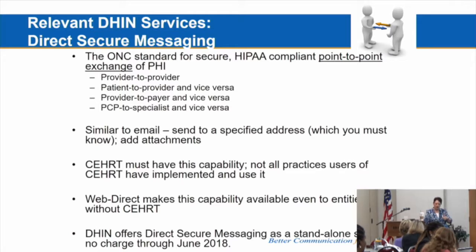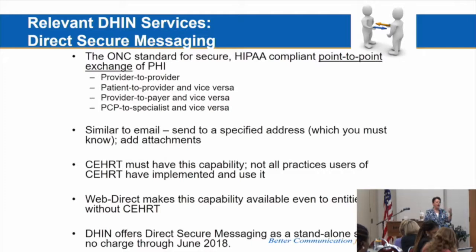So the nursing homes, the behavioral health organizations, maybe communication with the payers, right? Think about all of the places where you have to exchange health information and the ways you do that now, and think about if those entities had a direct address, would it simplify the work associated with that exchange of information?